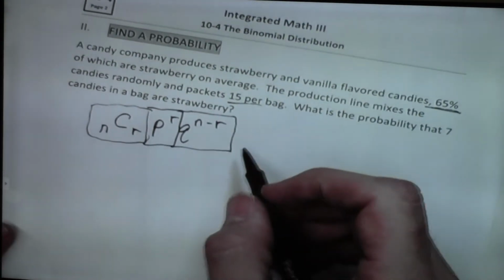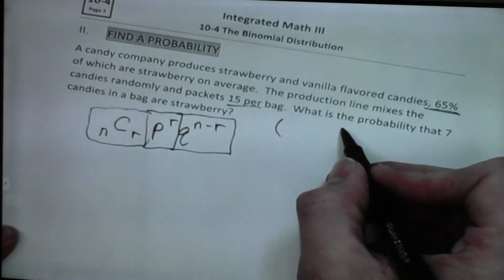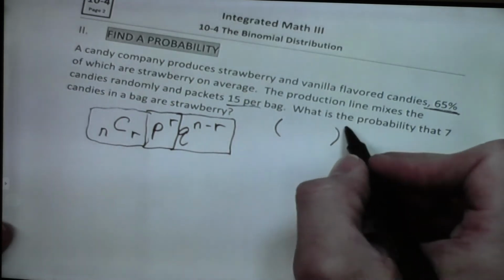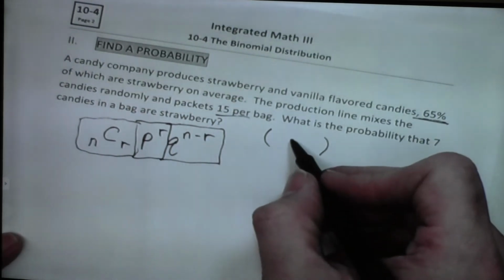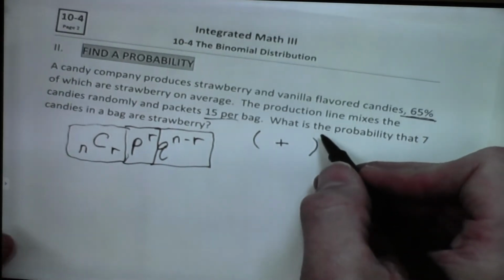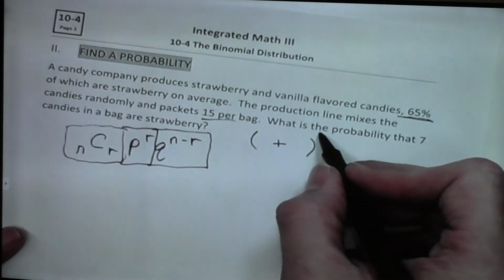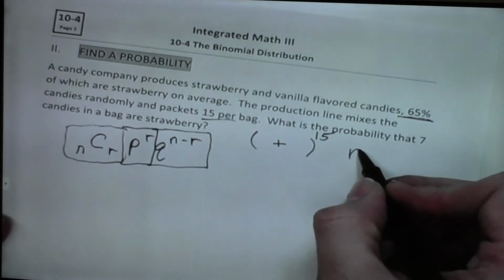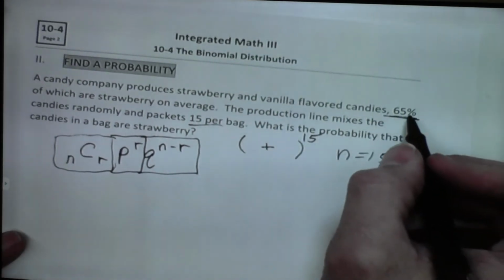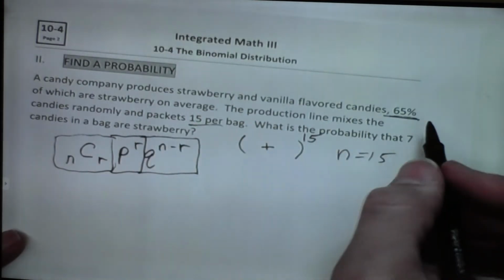So this is set up as if it was a binomial thing. We're going to do a plus in here, and an exponent, like a binomial expansion. There were 15 candies in a bag, so n is 15. 65% are strawberry. What's the 7 candies that are strawberry?